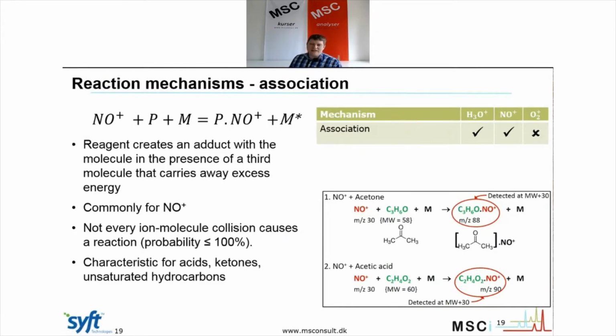So the carrier gas can take the excess energy, allowing this to happen. And again, this is characteristic for ketones and unsaturated hydrocarbons. So this only happens when you have certain functional groups, which means that you can differentiate isobaric compounds based on their functional groups.